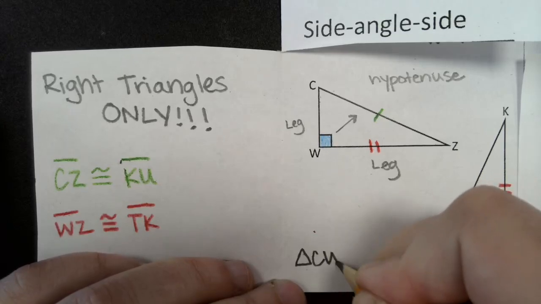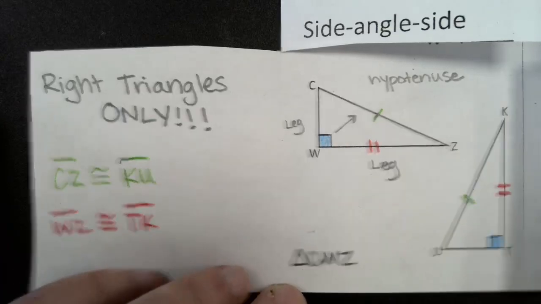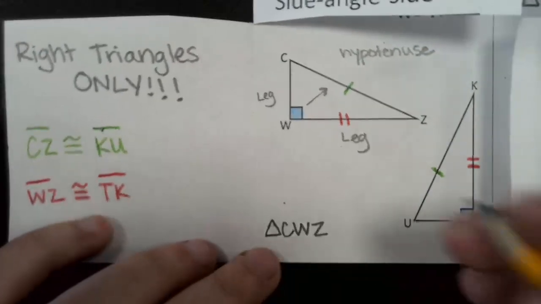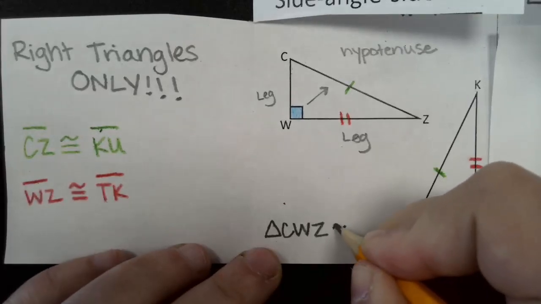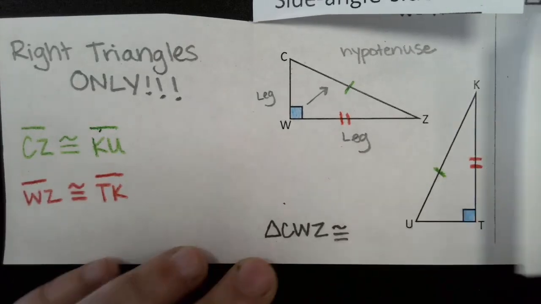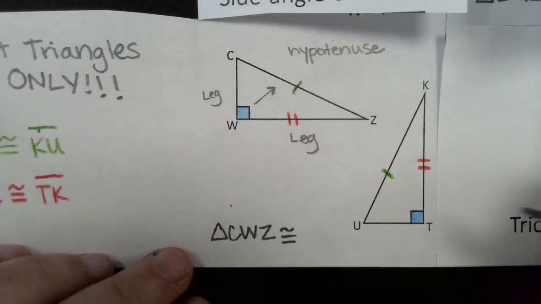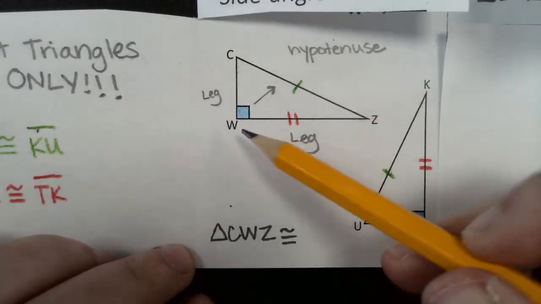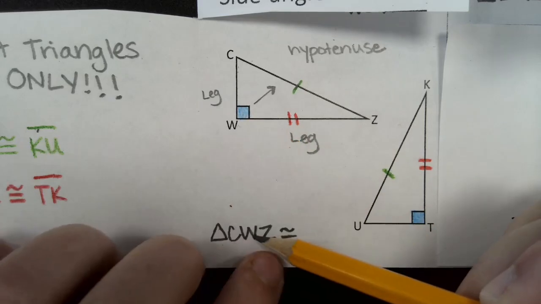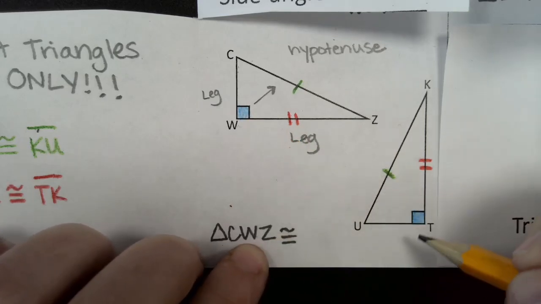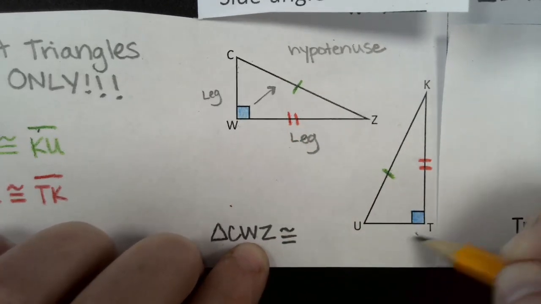CWZ. Beautiful. Amazing. Good job, Jesus. CWZ will be congruent to triangle. Now this one, it's really important we match. So CW and then to Z. W is our 90 degrees, so that has to match with T, so that goes in the middle.